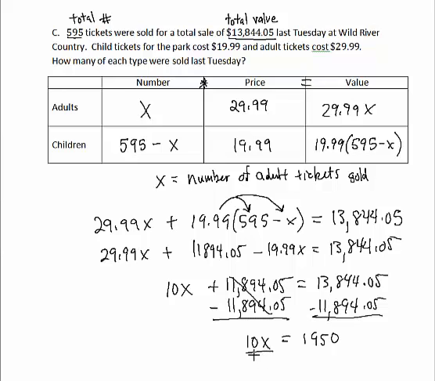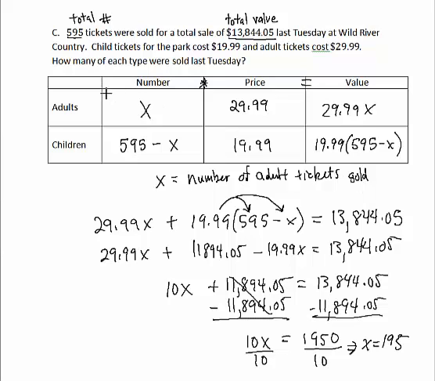And finally, if we divide both sides by 10, we would get x equals 195. So, what does x represent? The number of adult tickets sold.